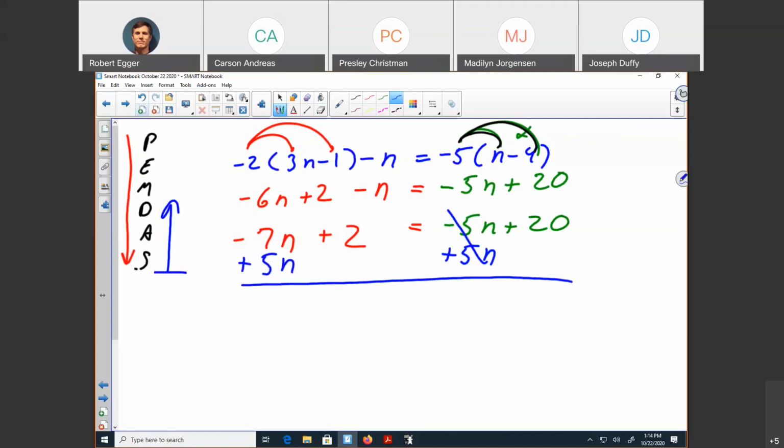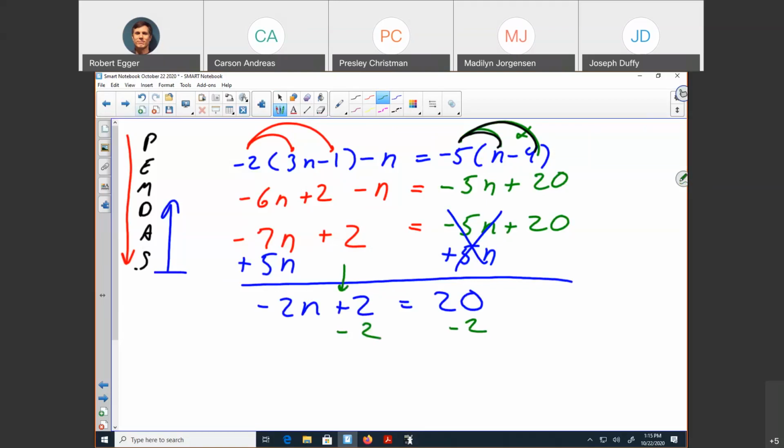Both sides have an addition in the expression, which means I break the glue between the items attached by the plus, by either subtraction or addition. So minus 7 plus 5 is a minus 2n. I start having addition here. So that's the glue. To unglue from the 2n, I have to subtract 2.